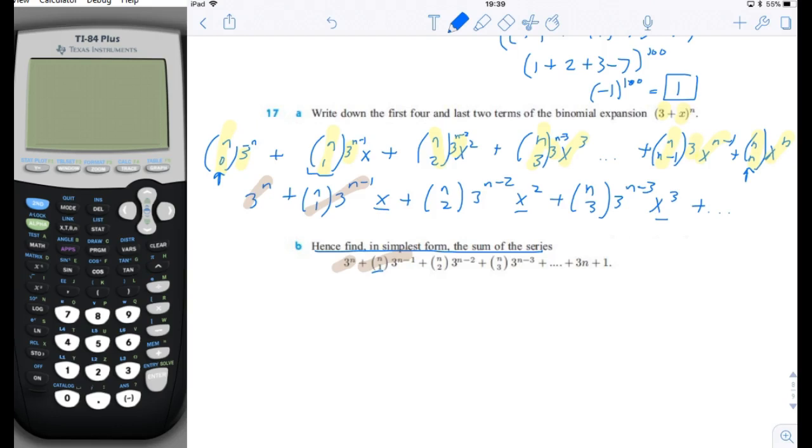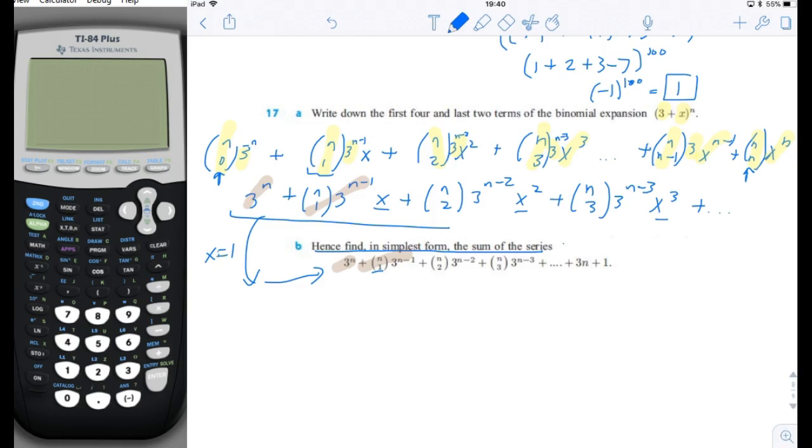Well, we're going to do what we did in the last few problems, which is we substitute in x equals 1. If we substitute in x equals 1, then this expression that we have here magically turns into this expression, right? Basically, the expression that we have above is the same expression except we have x's in it. The x's disappear when we make x equal to 1.